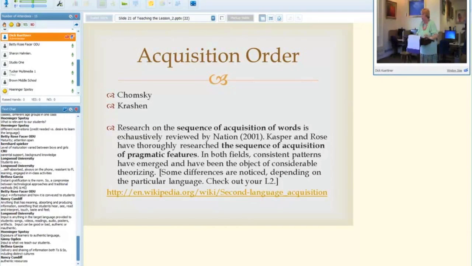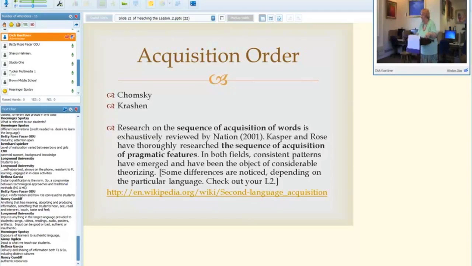And researchers are looking at both of those, but in both fields we have some consistent patterns that either the words or the pragmatic features are learned, are acquired, let's use that more, sorry, that comes out of my French class, in a certain order. And we can't rearrange the order, that our brains are hardwired to acquire language in that order. There are some differences in languages, particularly between Eastern languages and some of the Western ones, so you need to check out your own language that you're teaching for that.